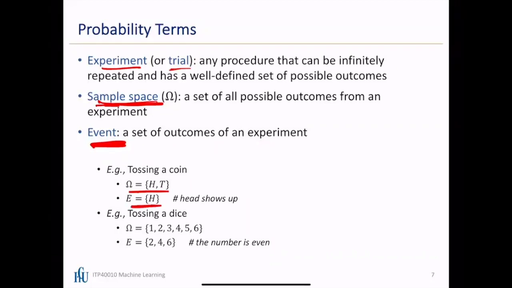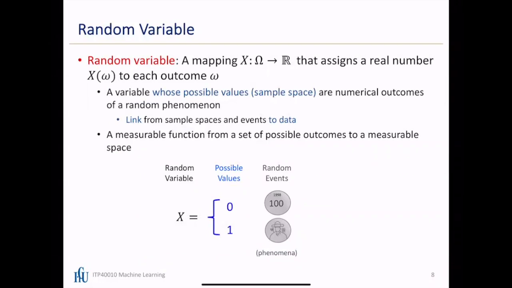If we toss a die, the sample space is 1 through 6, and if you want to find the event where the number is even, your event could be 2, 4, 6. So event, experiment, trial, and sample space are terms you may want to have when you measure probability.